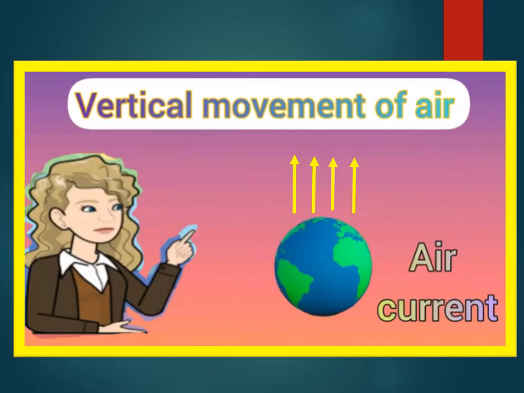Now let us understand the vertical movement of air. The vertical movement of air, you can see the vertical lines, is called air current. You must remember this. Vertical movement of air is called air current.